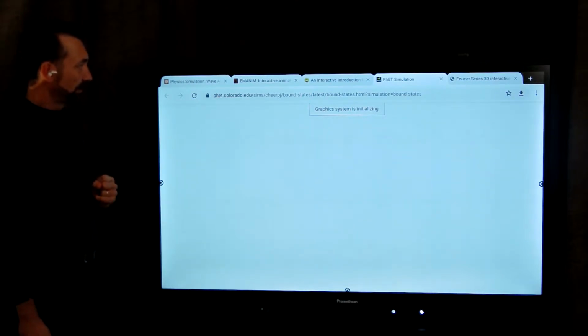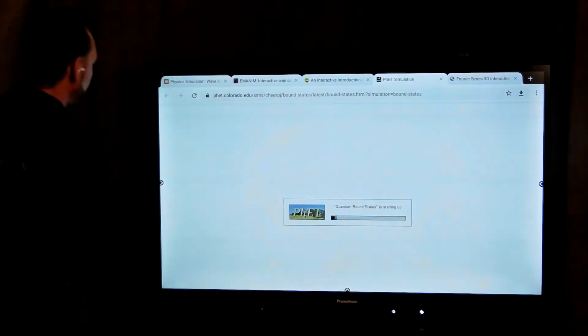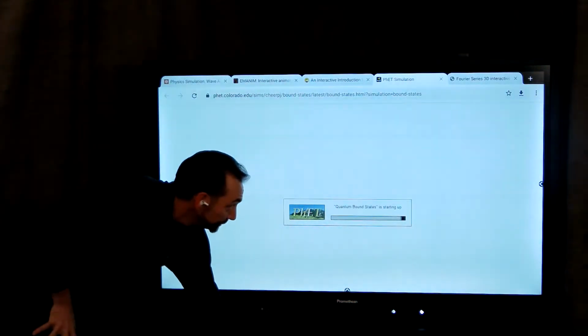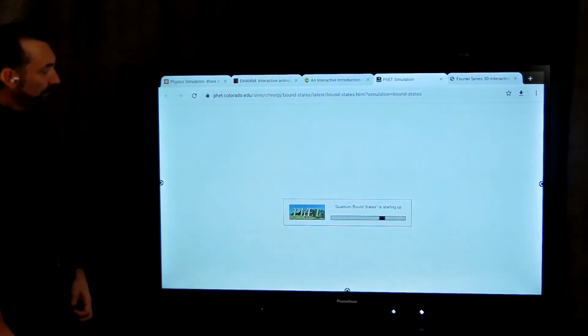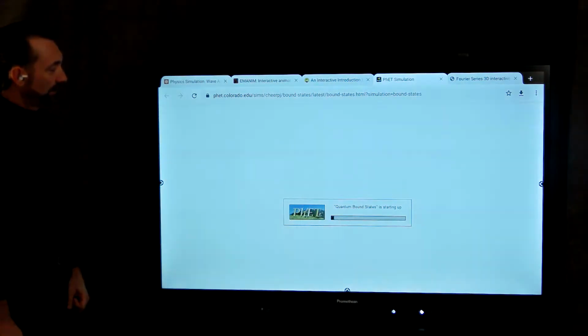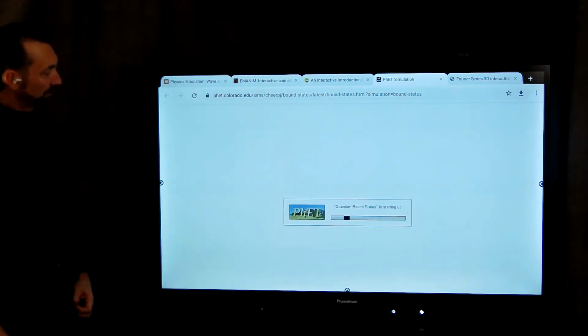So it is initializing the graphics. We'll just give it a second to start. We had this started up in advance, and I think what we'll probably do is start them on the other computer, because maybe they'll stay running. But as soon as I went back to this, it restarted the whole browser.